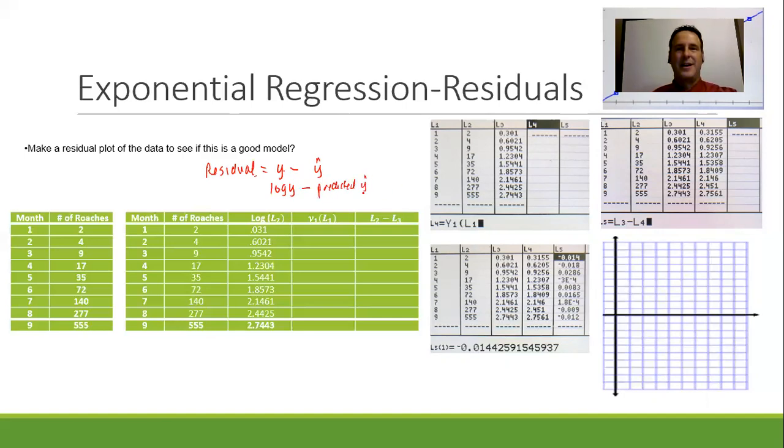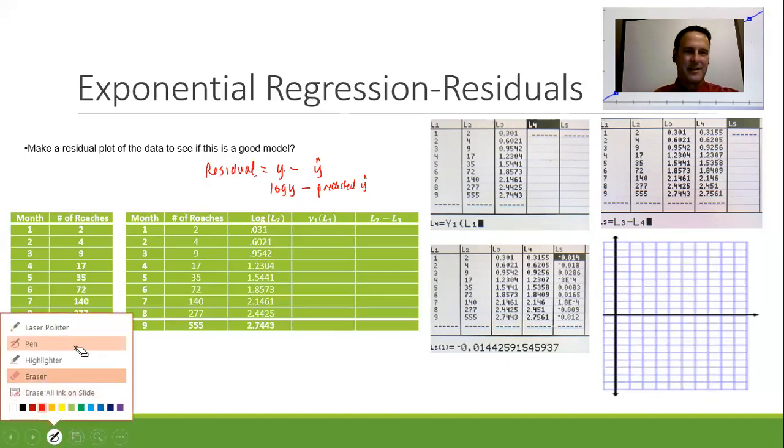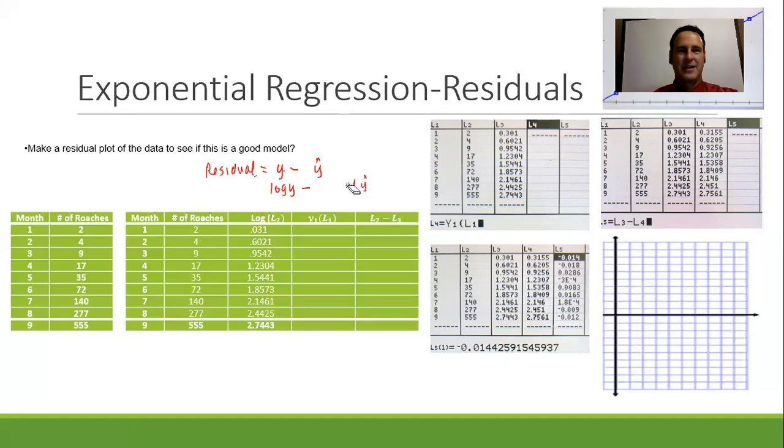So they're the points that are on your regression line, the log of y hats. Let me rewrite that. That's not right. The log of the y hats.